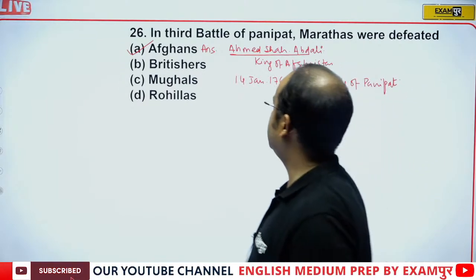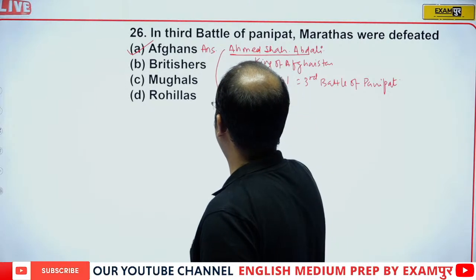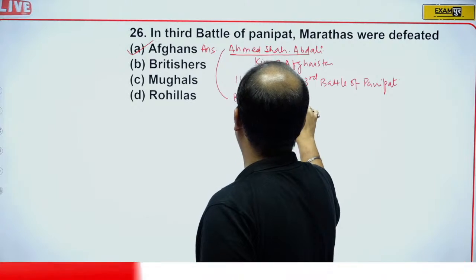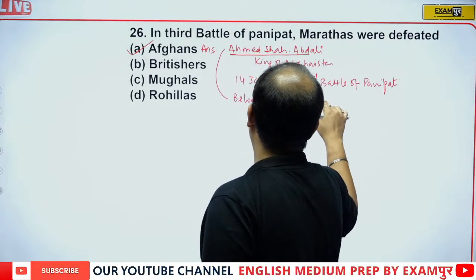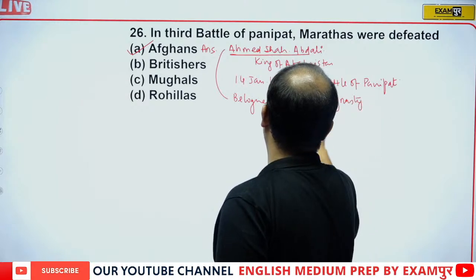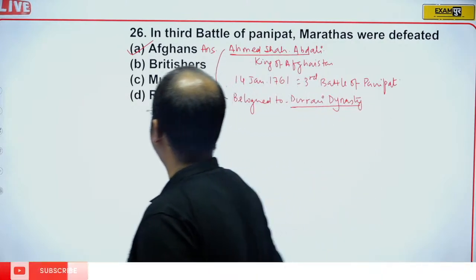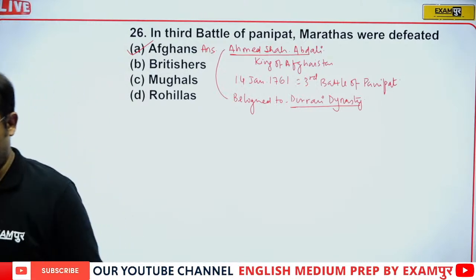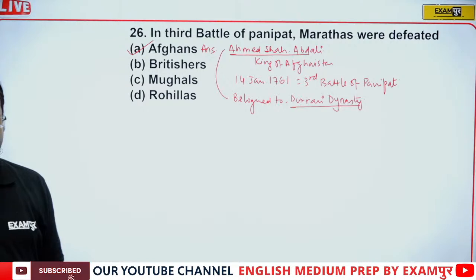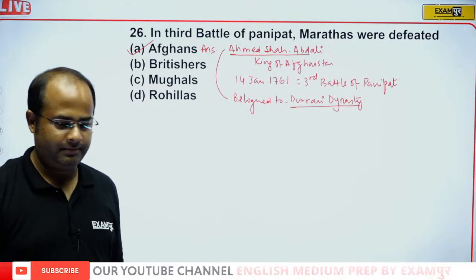And that was Ahmad Shah Abdali. He belonged to the Durrani dynasty. That is not Muhammad Abdali, it is Ahmad Shah Abdali, who belonged to the Durrani dynasty.